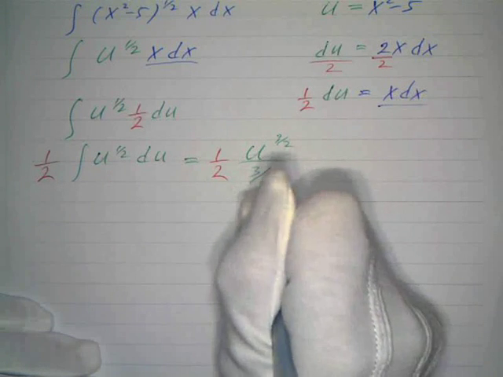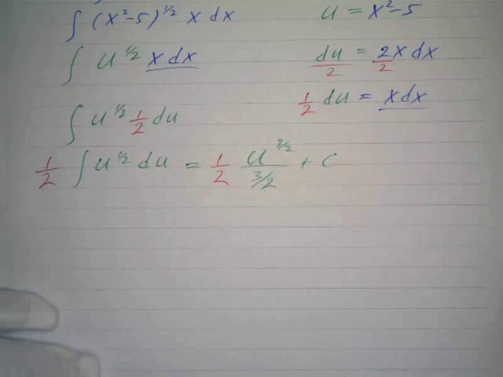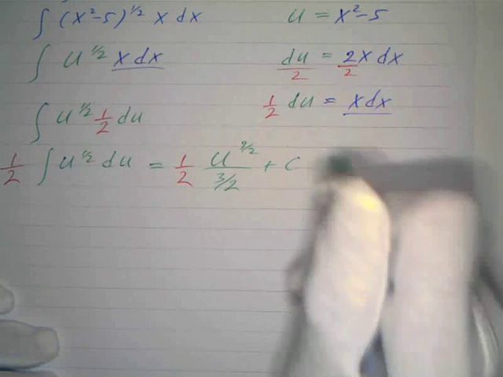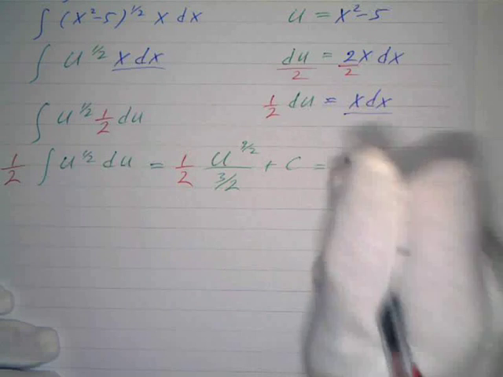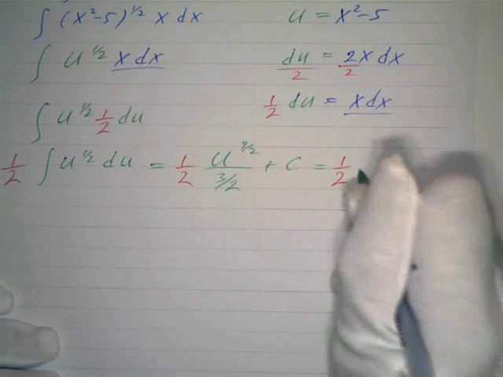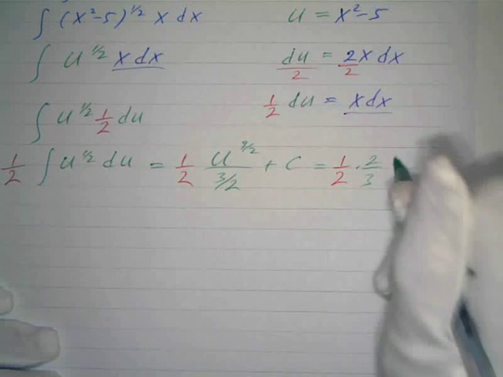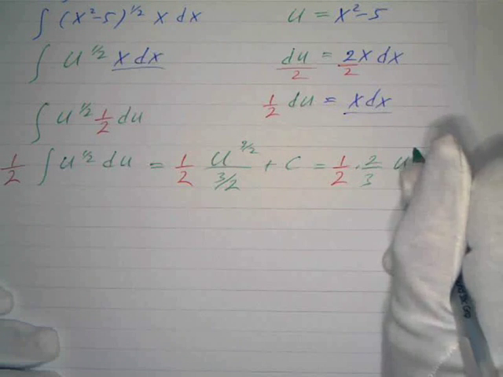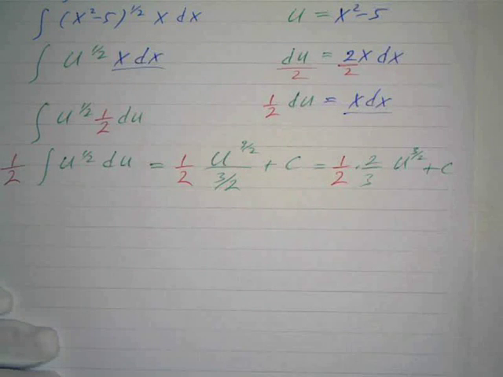Some of you can skip this step and just multiply by 2/3, plus c, and that does indeed equal 1/2 times 2/3, and that's going to be u to the 3/2 plus c.